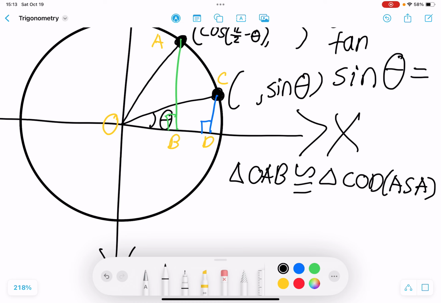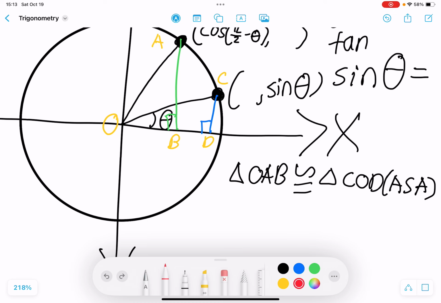So this basically means that AB is equal to OD. AB is the y coordinate for this point, and OD is the x coordinate for this point.